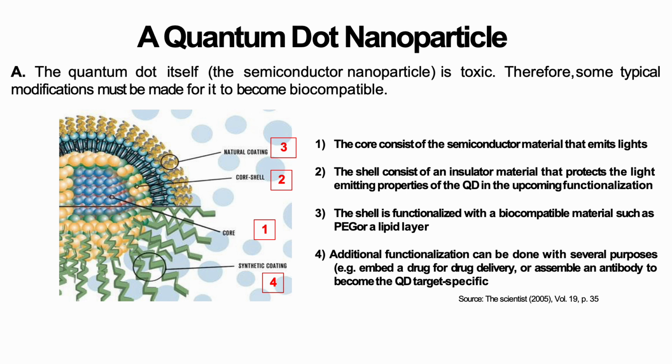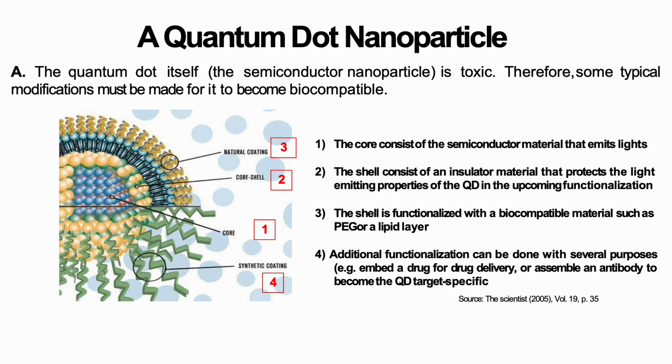Now, coming back to quantum dots, because this is very interesting, the quantum dot itself is toxic, of course, so some typical modifications must be made for it to become biocompatible. First of all, number one on the left side, you see the body or the core of the quantum dot nanoparticles.